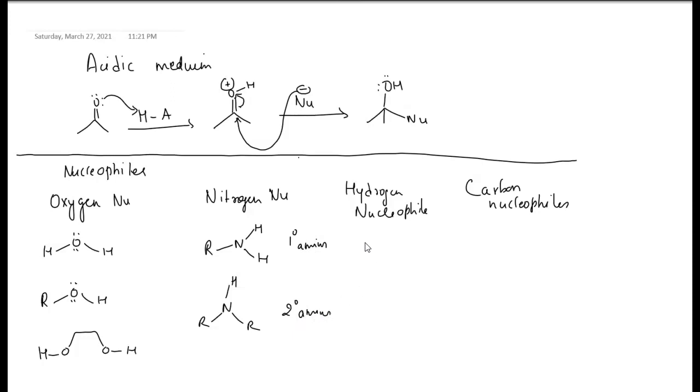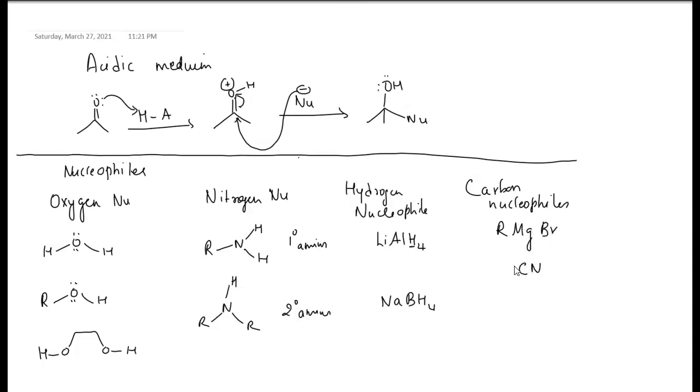In case of hydrogen nucleophiles, we will look at lithium aluminum hydride, where the hydride is acting as the nucleophile, and also sodium borohydride, NaBH4. Under carbon nucleophiles, we'll look at Grignard's reagent, RMgBr.